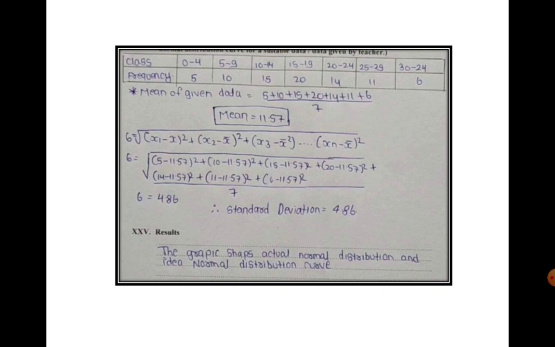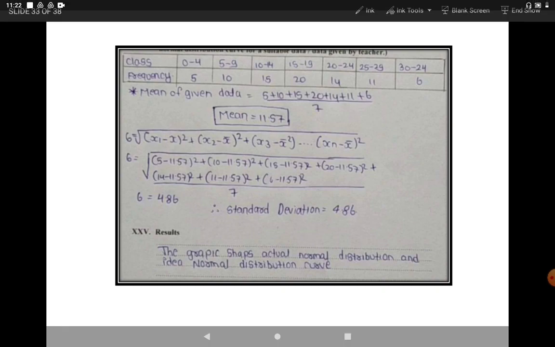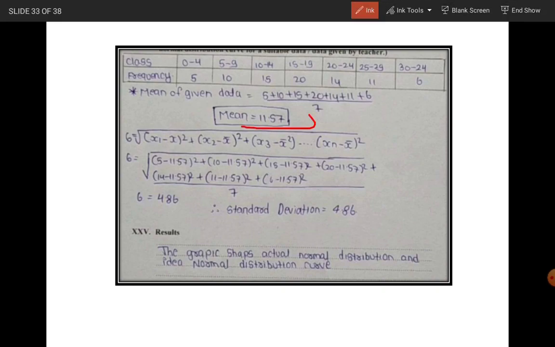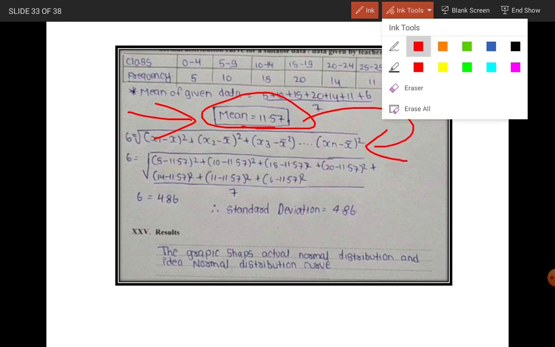Here the first term x1 is the first frequency, which is 5, and x̄ is the mean value which we have obtained. We are going to focus on this mean value and implement it over here.